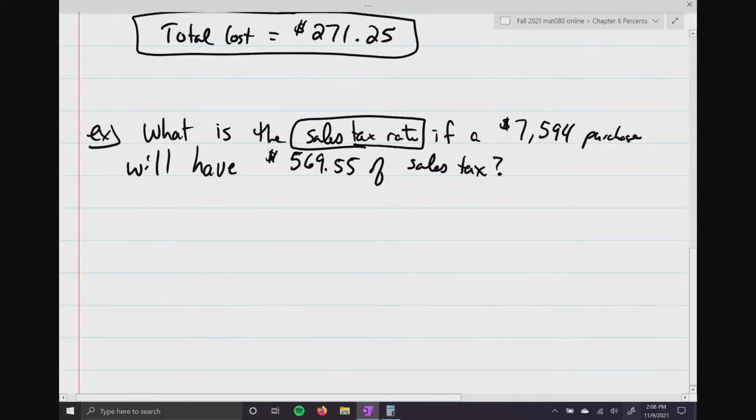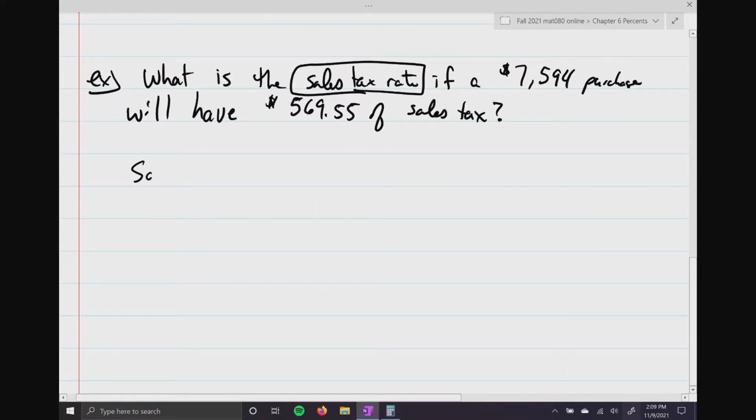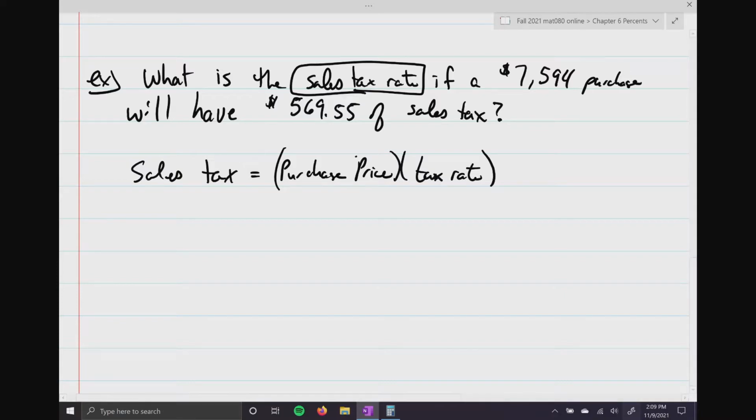So we need our formula. Sales tax equals purchase price times the tax rate. Okay. And all we have to do is make our substitution. So we know how much sales tax, $569.55.